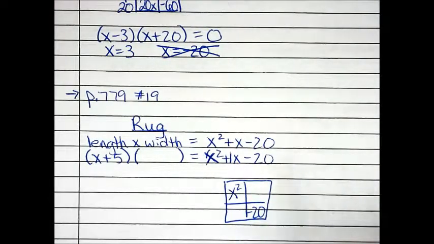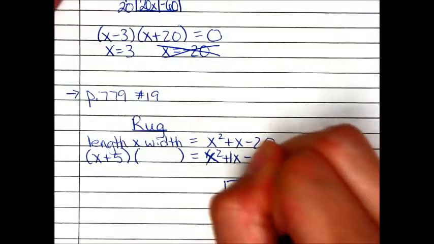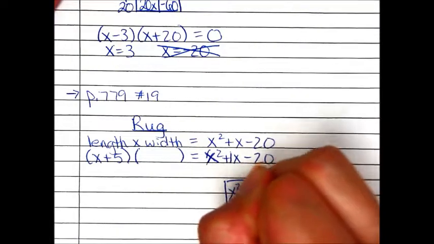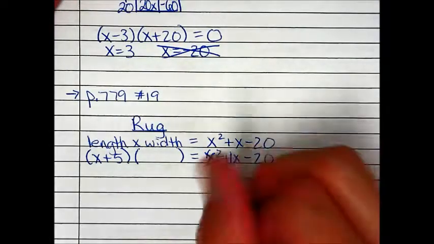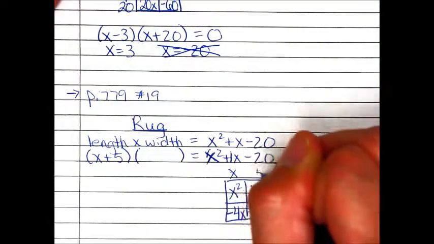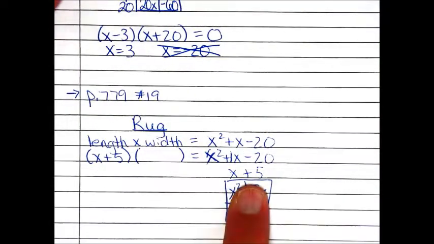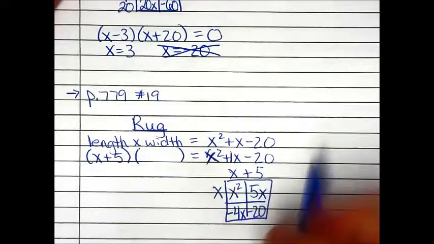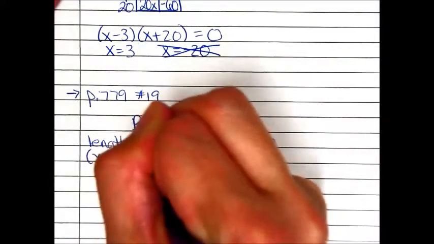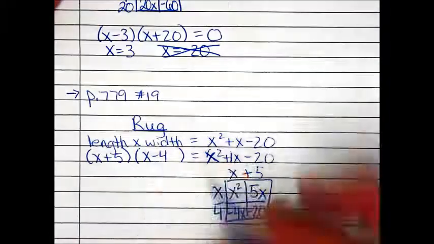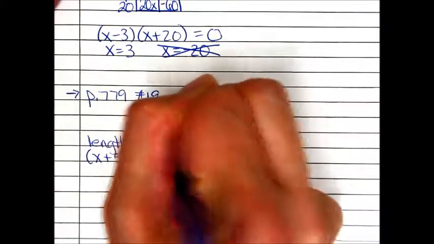But if you're thinking about what you could multiply, wouldn't 5 times negative 4 work? And look, that would be x and 5, which you already had. And this one would be x and 4, but it would be a negative. There you go. Your missing width is right there.